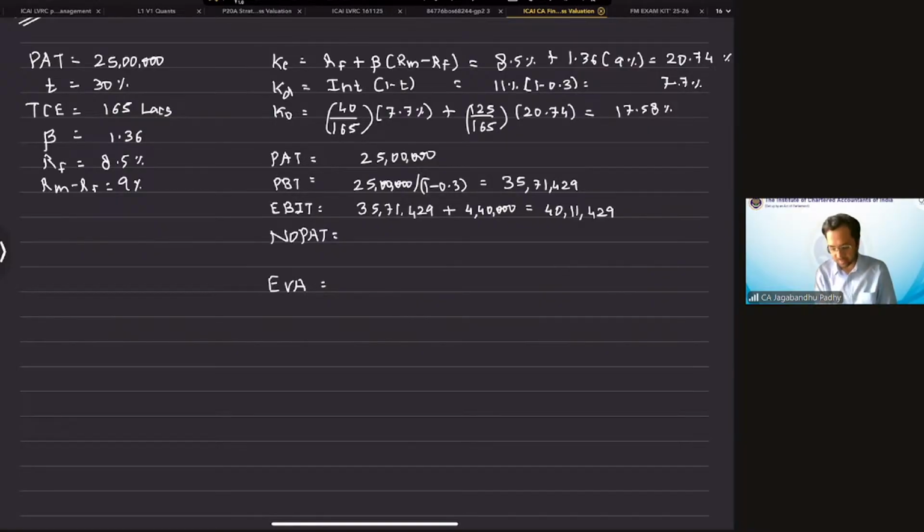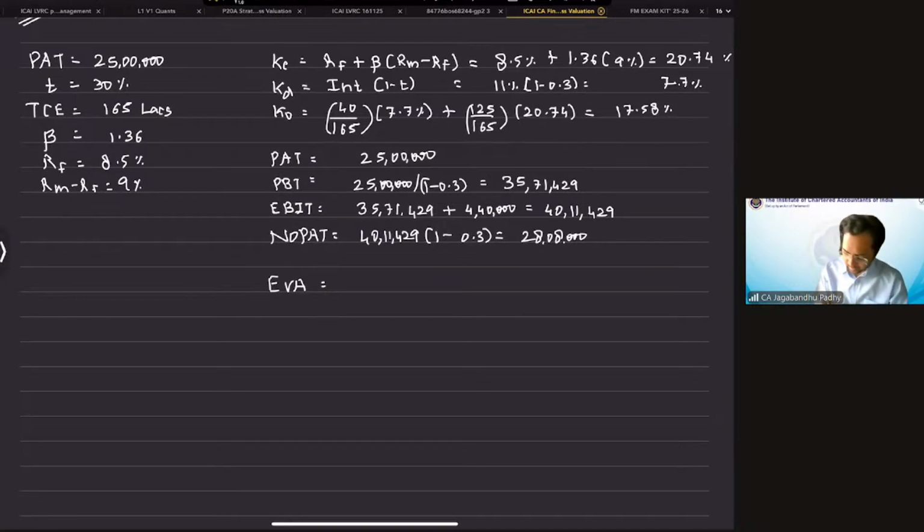That's your EBIT. The NOPAT, net operating profit after tax, is 40,11,429 into 1 minus 0.3, which is into 0.7, which is 28,08,000.